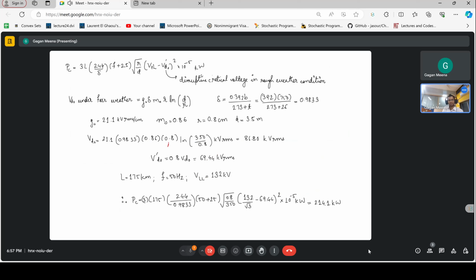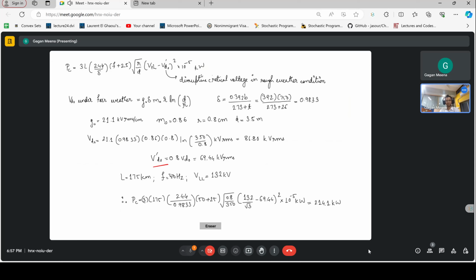The line voltage is 132. So 132 by root 3, the phase voltage, is equal to 76, which is greater than VD dash.